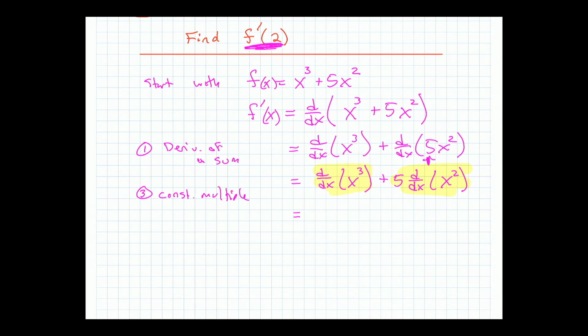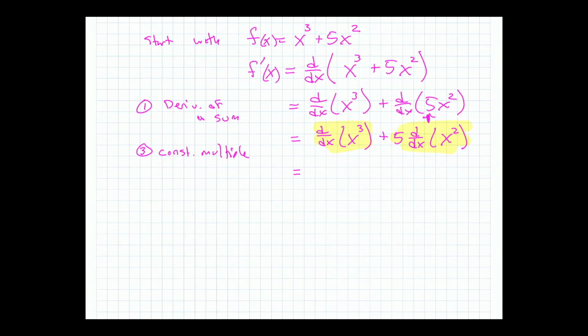So what's the derivative of x to the 3? That's power rule. The power rule says you take the power, you move it down in front, and you subtract 1 from the power. And then on the other one, you've got 5 times x squared.